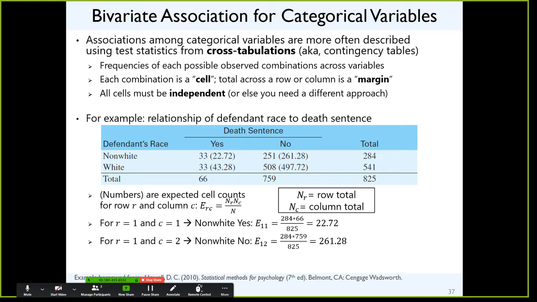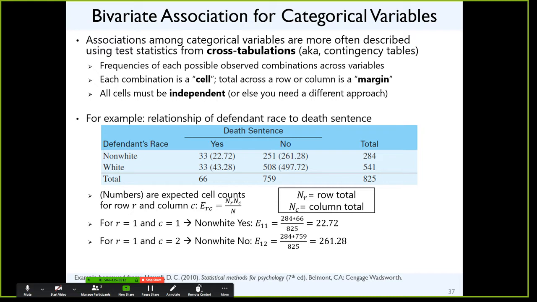Analogously, if these things were proportional, if there was no association, there would be an expected 43 white people who were sentenced to death based on the number of white people and the number of people with a death sentence. Instead, there's only 33. So it looks like non-white people are relatively more likely to get a death sentence, whereas white people are less likely. That's the direction of the pattern.